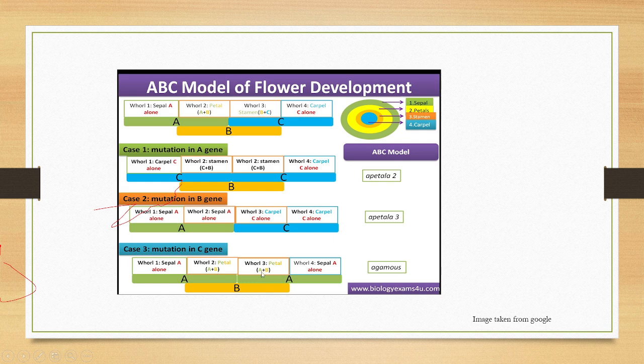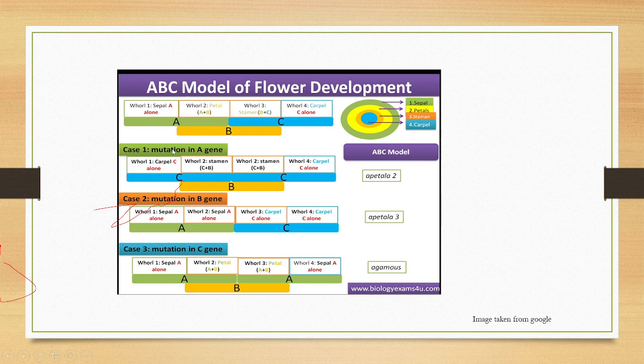Now, in spite of B plus C, it will be A plus B because C is mutated. A plus B leads to the formation of petals. And here alone A would be there, so it will form sepal. So the phenotype would be sepal, petal, petal, and sepal.